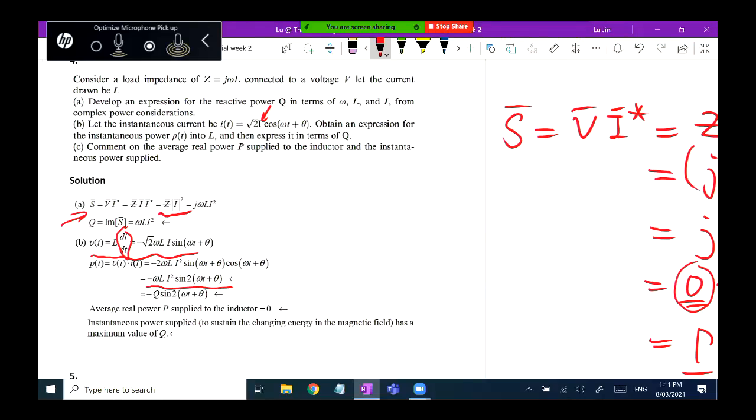For this step, we are going to replace omega L I squared by Q here, because in part A we have already derived Q equals omega multiplied by L multiplied by the current squared. So we are just doing a very simple replacement.